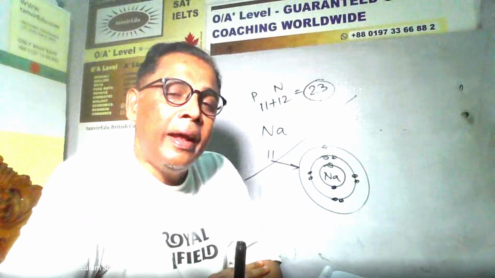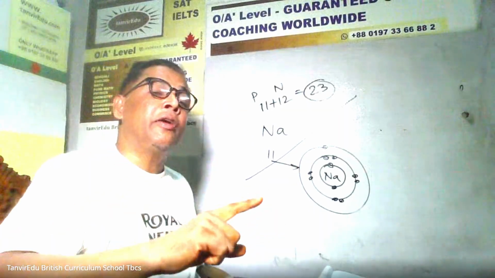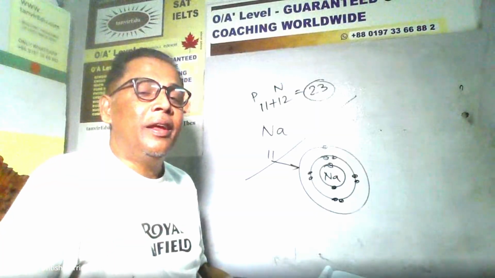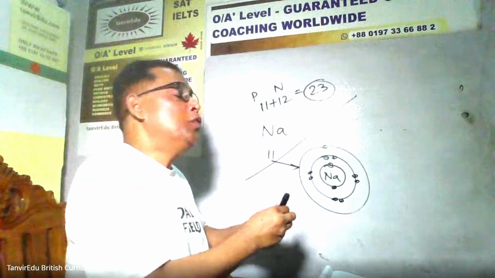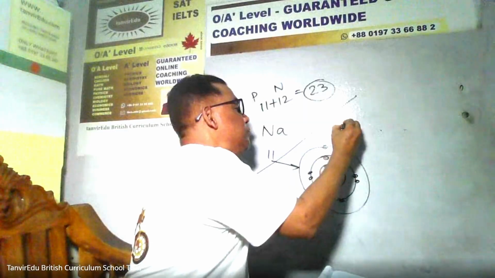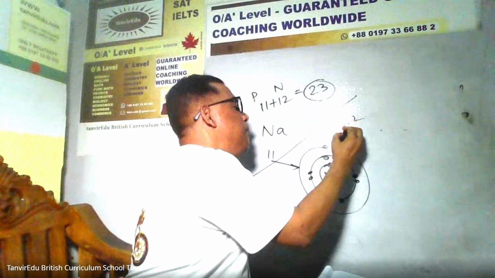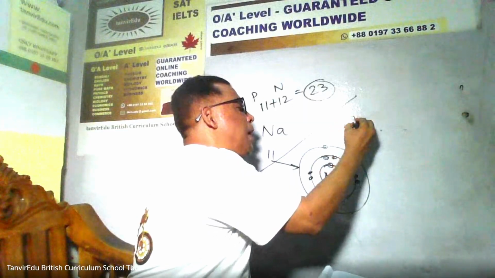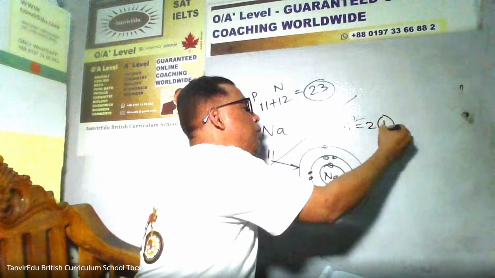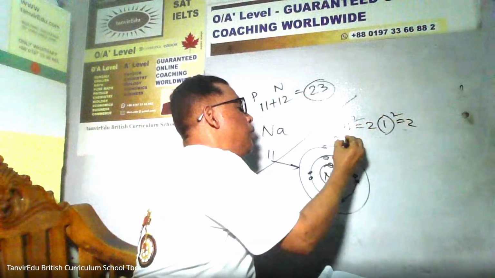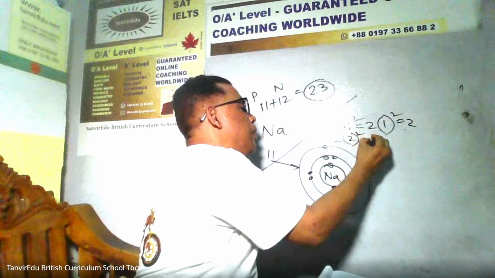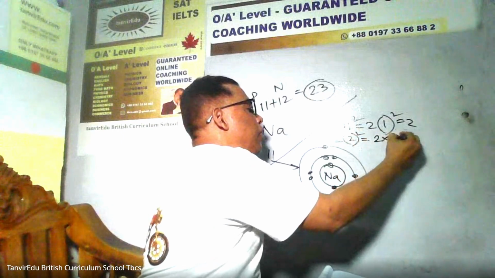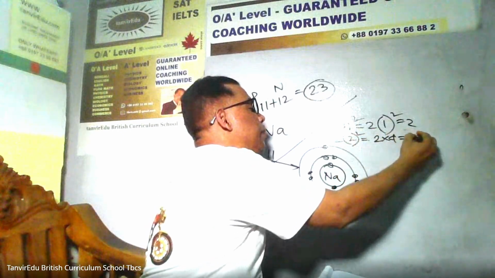At the time of electronic configuration, there is the 2n square rule. If the number of shells is 1, that is 2 into 1 squared, that is 2. If this is 2, that becomes 8.